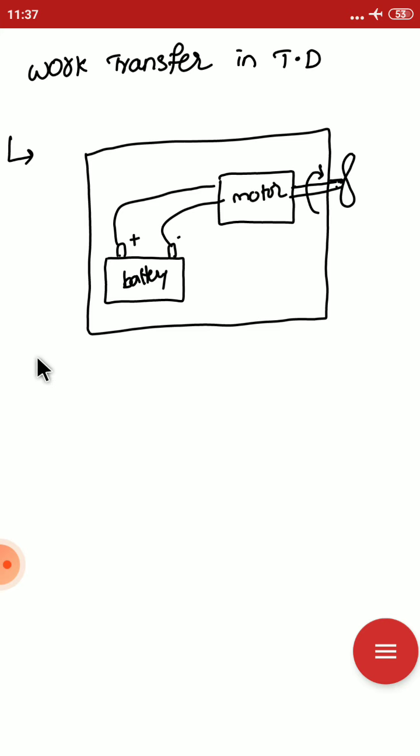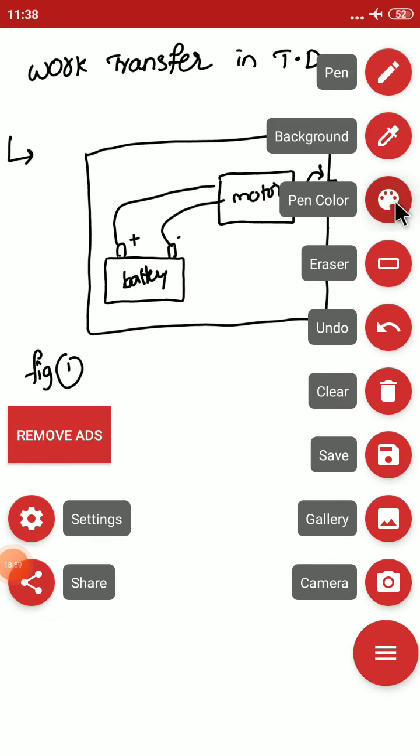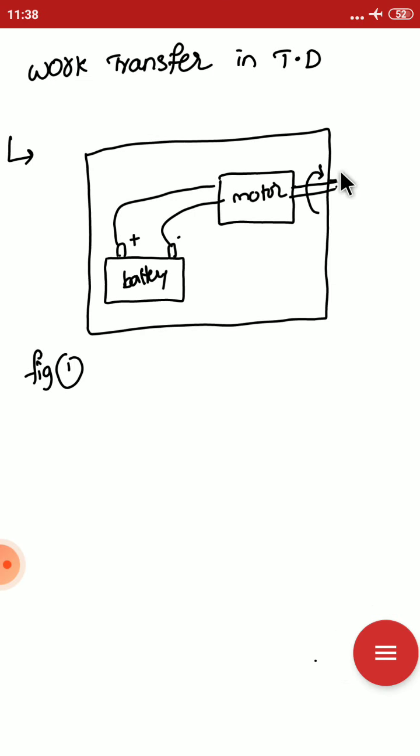Okay, this is Figure 1. Now if the fan is replaced with a pulley and weights, we couple this motor shaft with a pulley and with some weights.